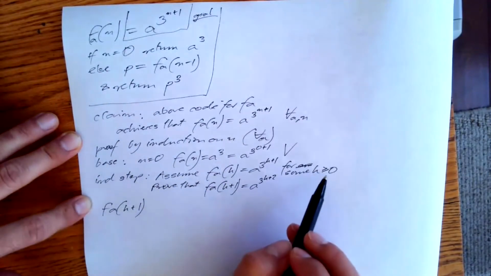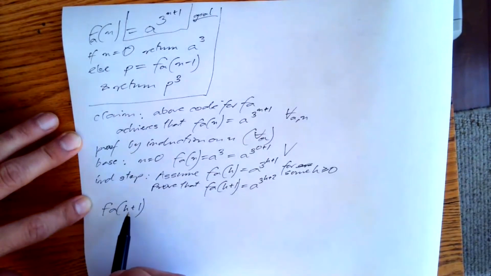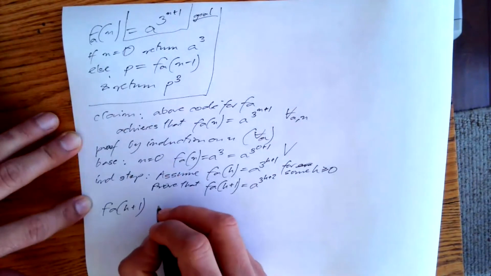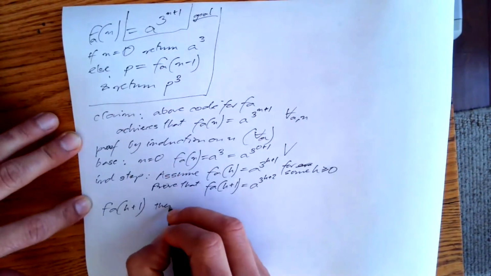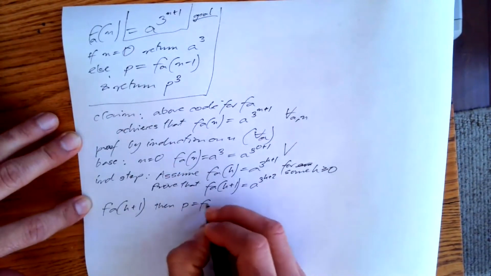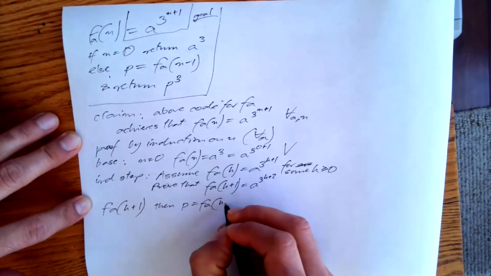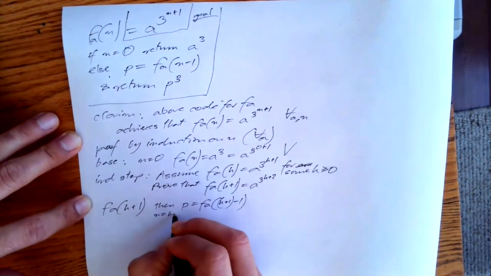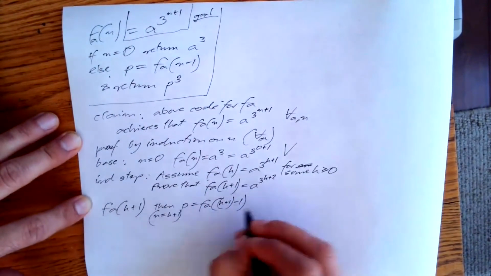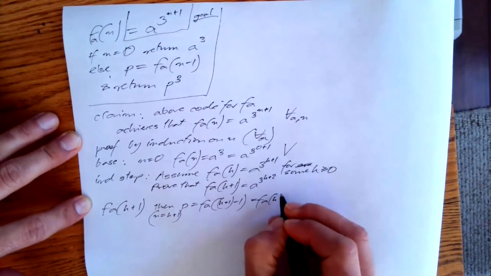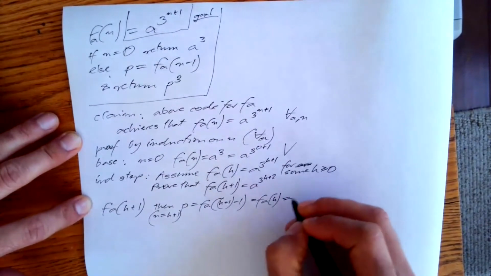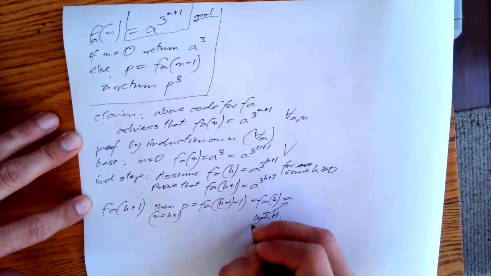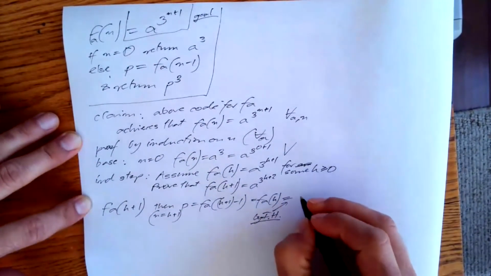Okay, so k is greater or equal to 0, so k plus 1 is greater or equal to 1, so this does not kick in, this kicks in. Okay, so then p is fa of k plus 1 minus 1, right? So here n was k plus 1, right? So this is fa of k, and by the inductive hypothesis, this was correct.